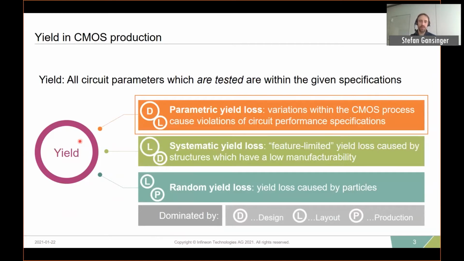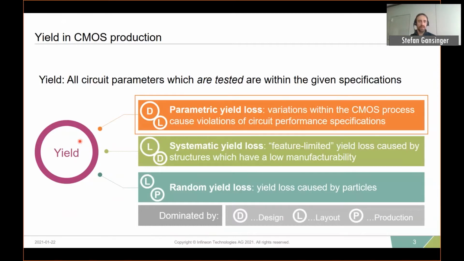When we are producing chips or wafers, the production side is of course non-perfect. We have variations, we have instabilities, we have particles in the fab, and all of this influence the quality of our chip. And of course, we do not want to deliver any chips which have a defect or do not work as expected to any customer.